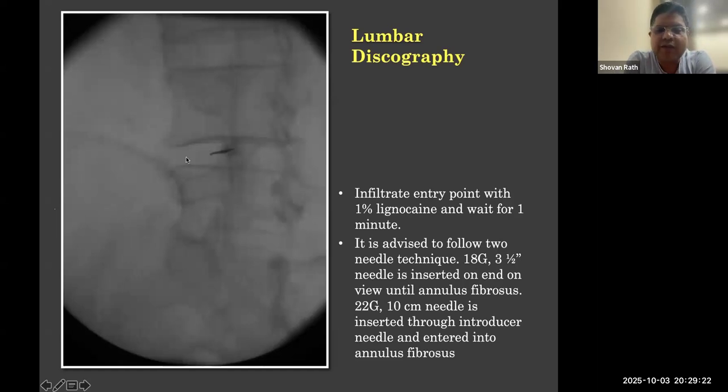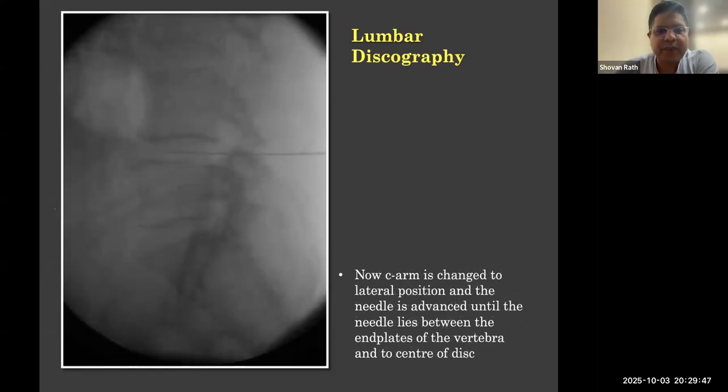But always remember, whenever you are entering into the disc, sterile precautions must always be used. And you can use a double needle technique. What I use is an 18 gauge normal small needle, and through that needle, you can enter the second needle, the spinal needle, so that you will be avoiding the skin puncture and inadvertent infections later on.